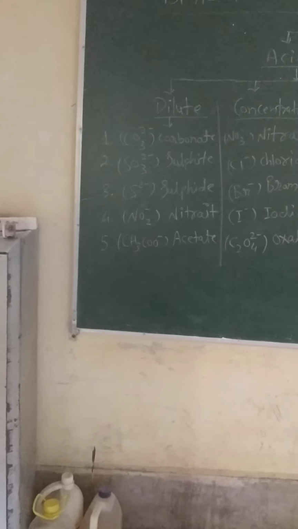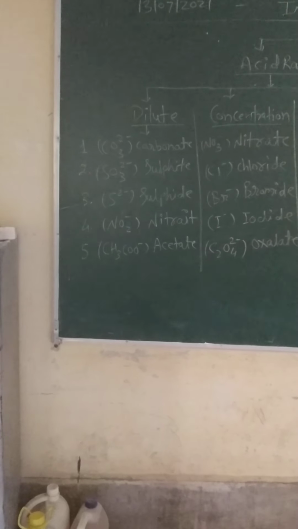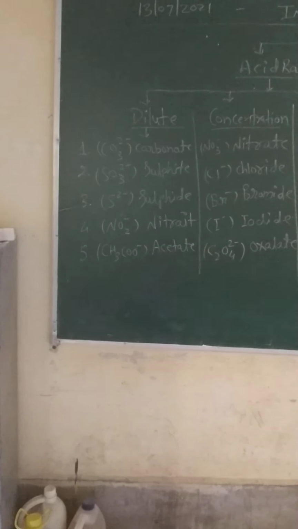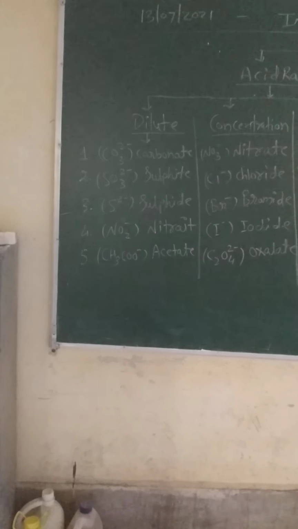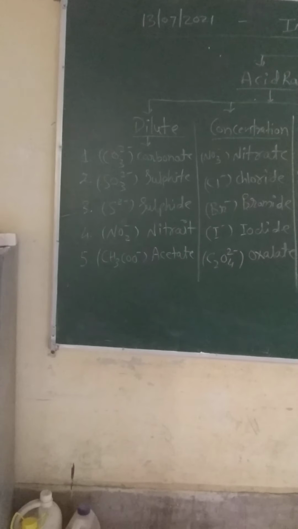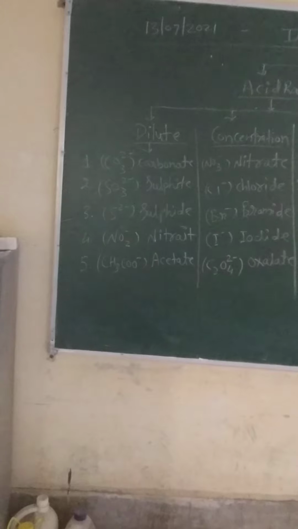Then take the dilute radicals: dilute H2SO4, dilute HNO3 and dilute HCl. Any one of these is taken for the carbonate.